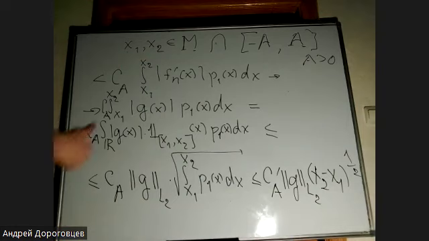And it means that it can be extended to a Hölder continuous function on all of R. And please check that the convergence will hold in L2 exactly to this function.